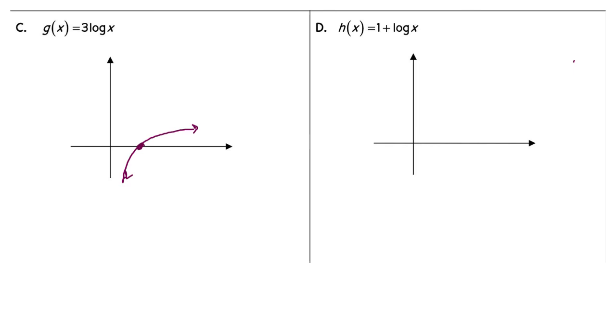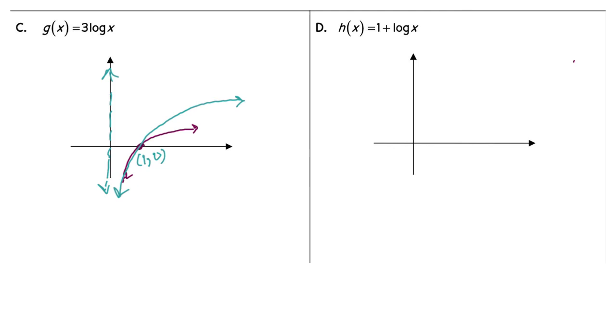So if we're going to do something like that and multiply it by 3, it's just going to stretch it out some. It's going to do like that. But it's still going to go through the 1, 0. It just stretched it out. And your asymptote is still the same. It's still back over there.